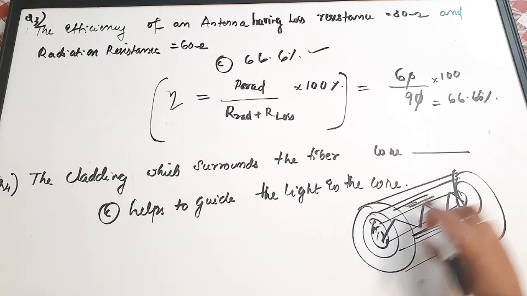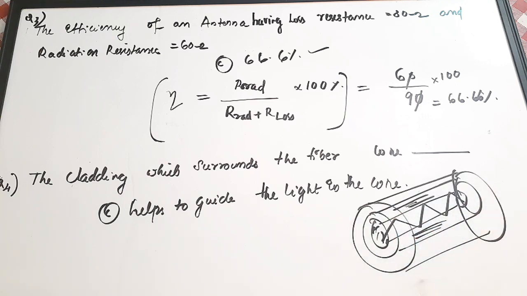That is the role of cladding. It is not acting as a protecting layer, or for any other purpose. It is just to confine the light within the core, or to guide the light through the core. So that is the correct answer here.